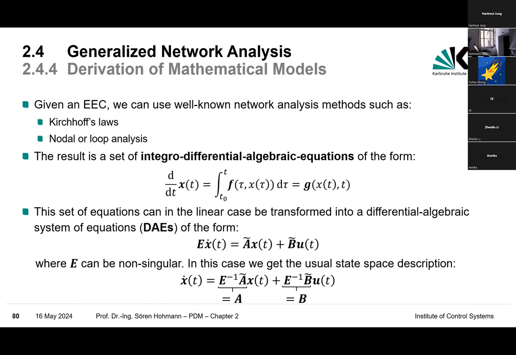Singular means you have an eigenvalue equal to zero, which means the matrix E is not invertible. But in many cases, E is non-singular, so it's invertible. I can represent it in this form.